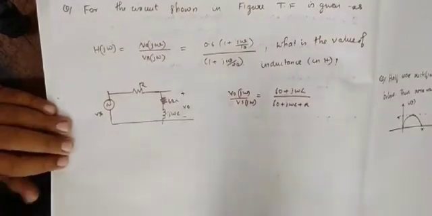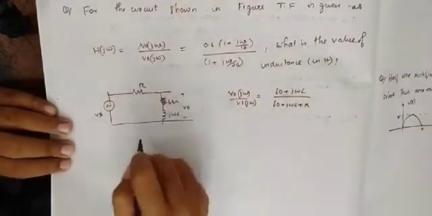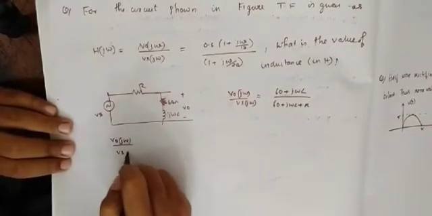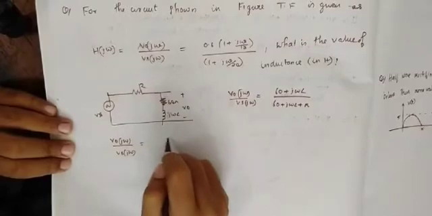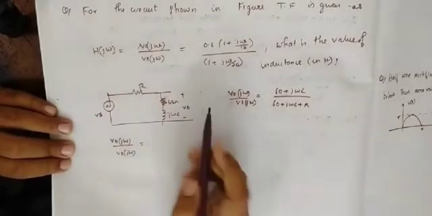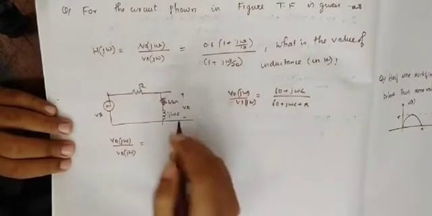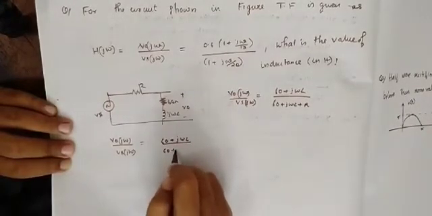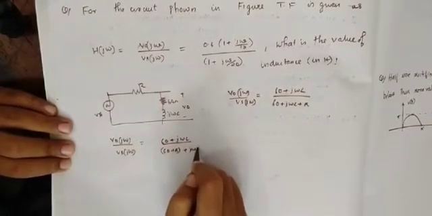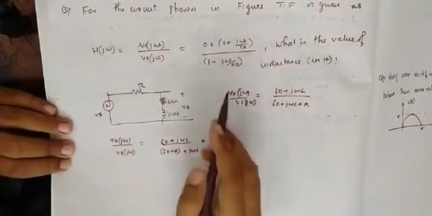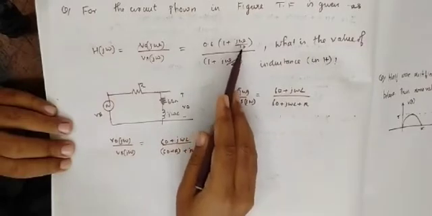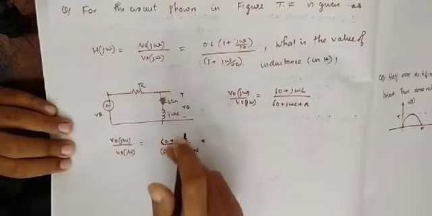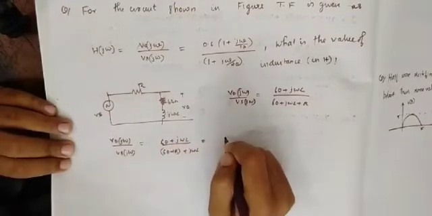So V0 of j omega divided by Vs of j omega equal to 6 plus j omega L divided by 60 plus R plus j omega L, which is equal to, in the question, the form 1 plus j omega divided by 12 and 1 plus j omega divided by 20. So I'll take that in that form only.